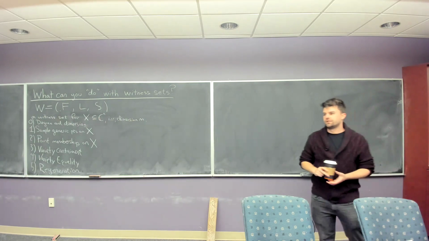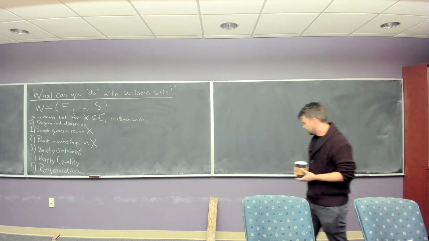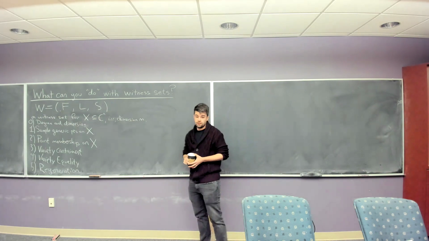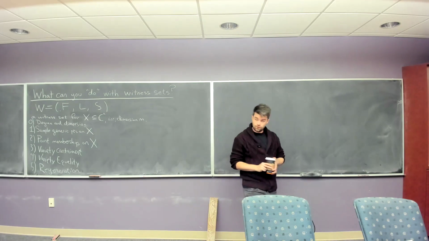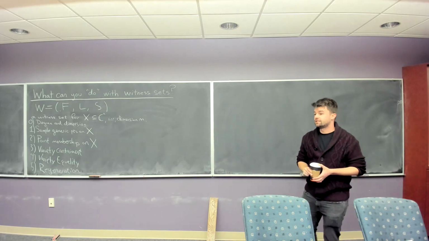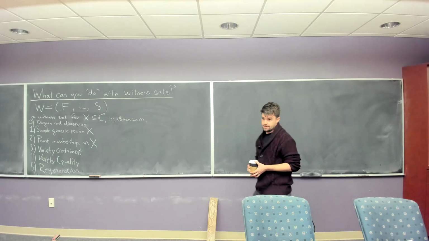There's a very popular adage in computational algebraic geometry these days, which is a variety walks in the door. What are the first two questions you ask it? And the first question you ask is, what is your dimension? And the second one you ask it is, what is your degree?